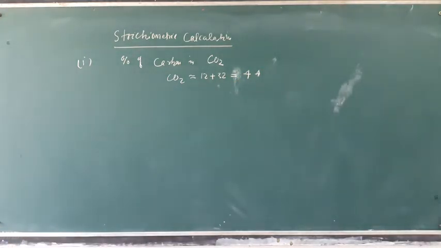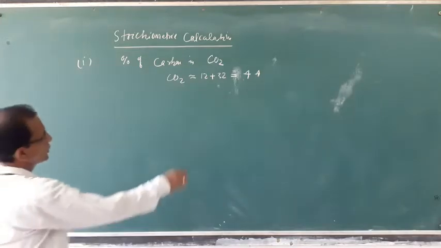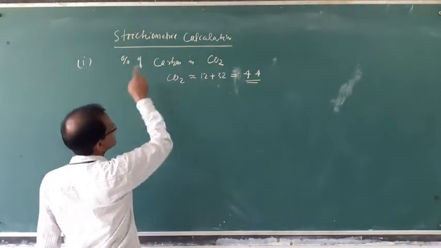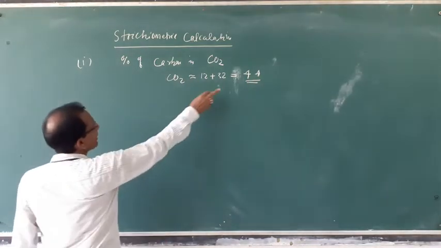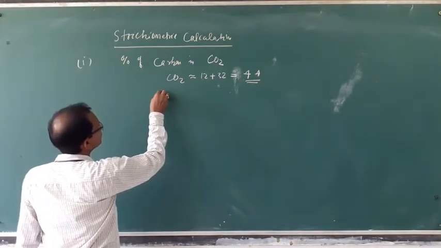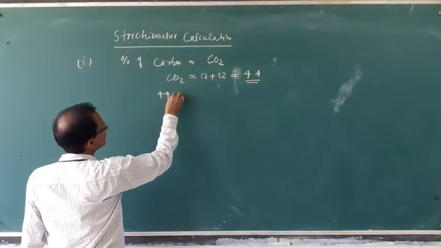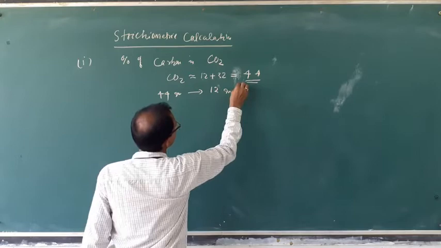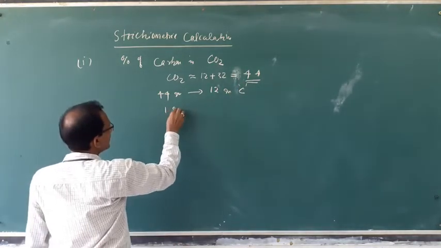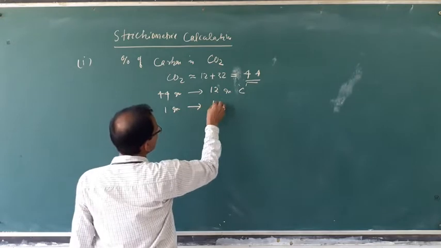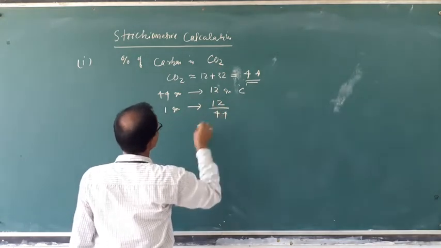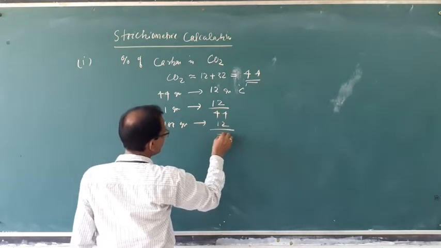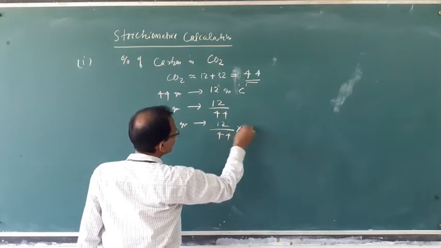So 44 gram contains 12 gram carbon, because the percentage of carbon is asked. Then 1 gram of this will contain 12 upon 44, then 100 gram will be 12 upon 44 into 100.